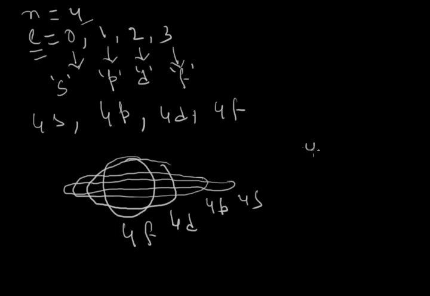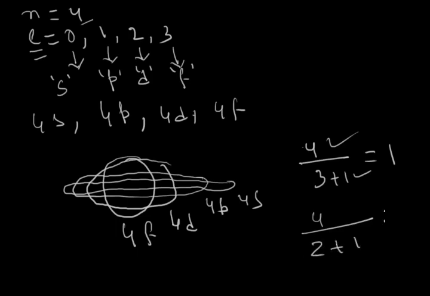Now n is 4, and for the F sub-energy level L is 3, so 3 plus 1, that is 4 by 4, which is 1. That means the length of major axis by minor axis is equal. So 4f is circular. For 4d, the value is 4 by 2 plus 1, that is 4 by 3. So the major axis is slightly greater than the minor axis. So it is elliptical, but not too much ellipticity is there.